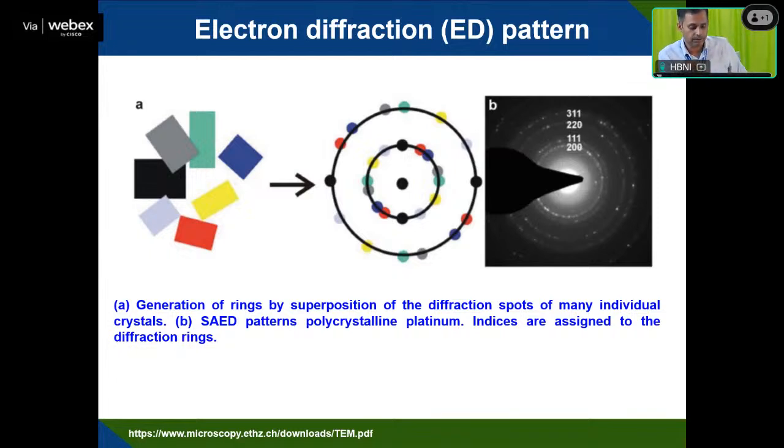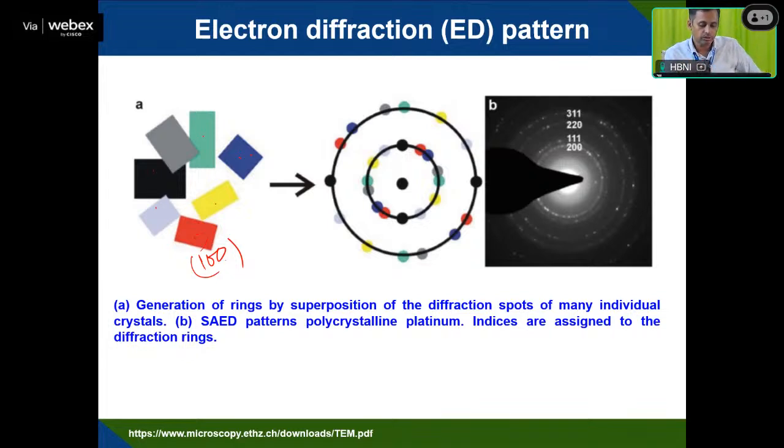Now you have a polycrystalline structure. That means you have many grains, so different planes, each possibility exists there. For example, if I look at the 100 plane, that 100 plane will be available in this red crystal, and it may be available in some other grain also.